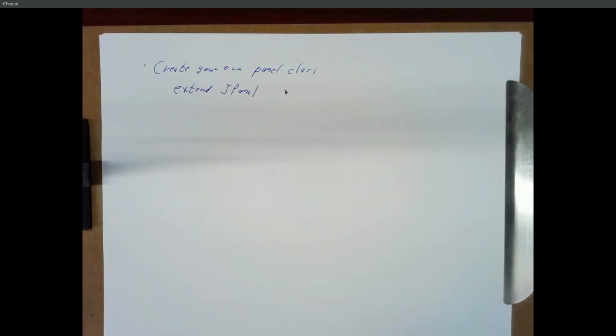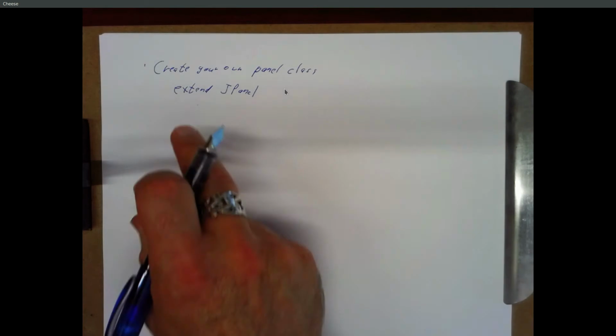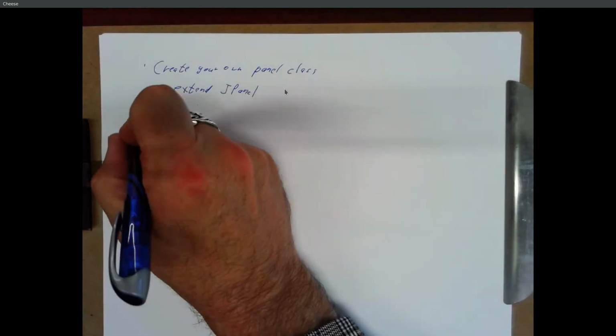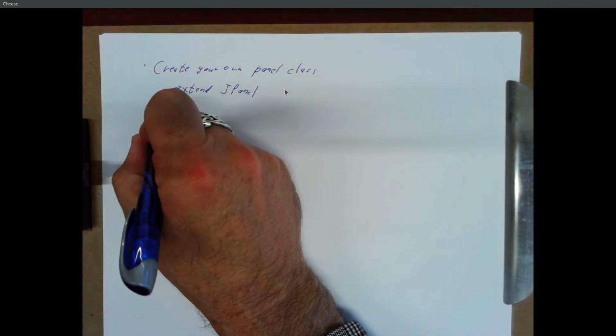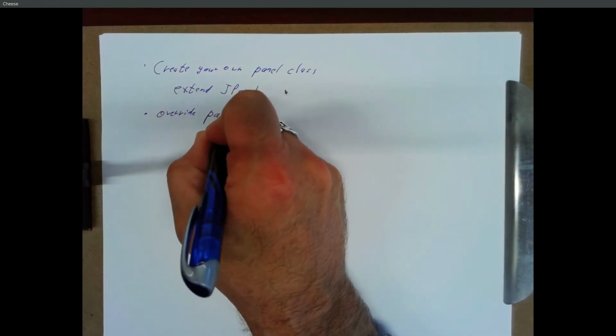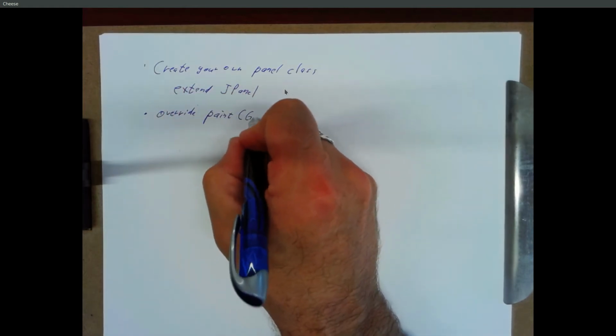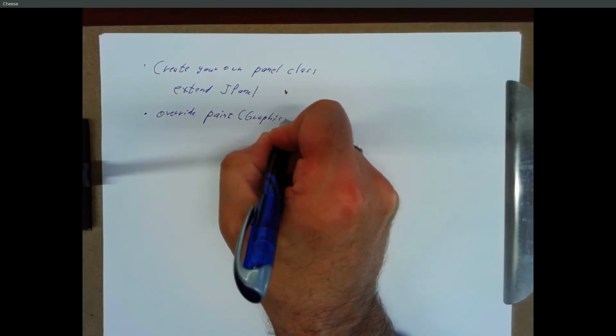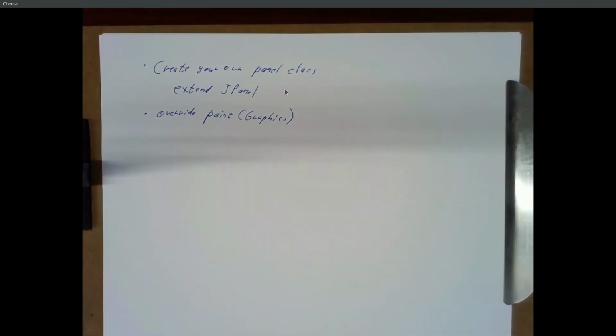Extend JPanel, so you've got all the stuff that comes inside a JPanel anyway. And then override paint, which takes a graphics object.